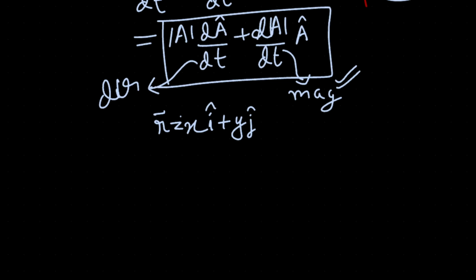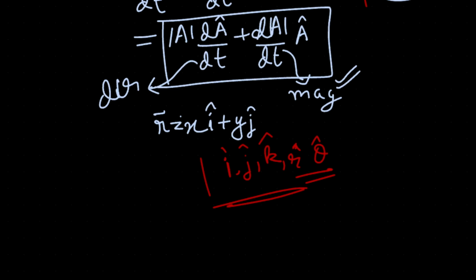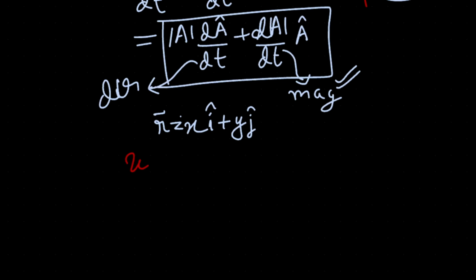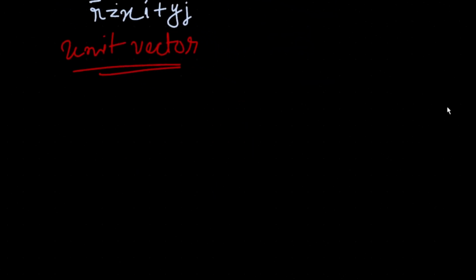The i cap, j cap and k cap, or here we will take r cap and theta cap in the polar coordinate system, these all are called unit vectors or basis vectors. Now, basis vector is something different that you will get in higher studies or in linear algebra.